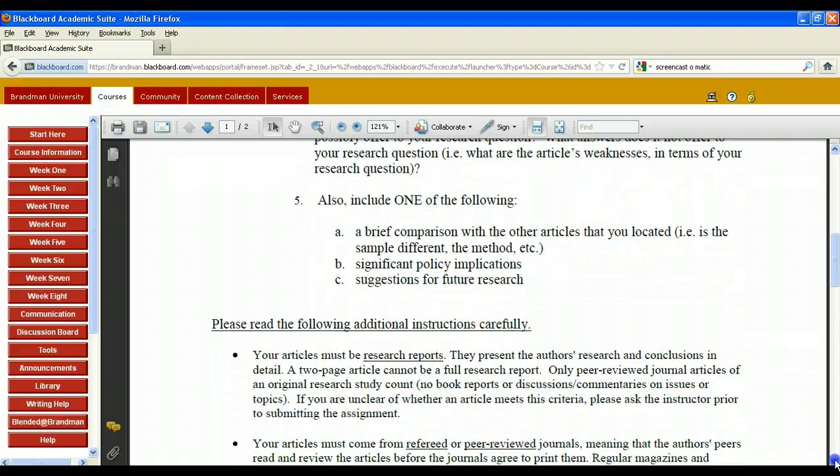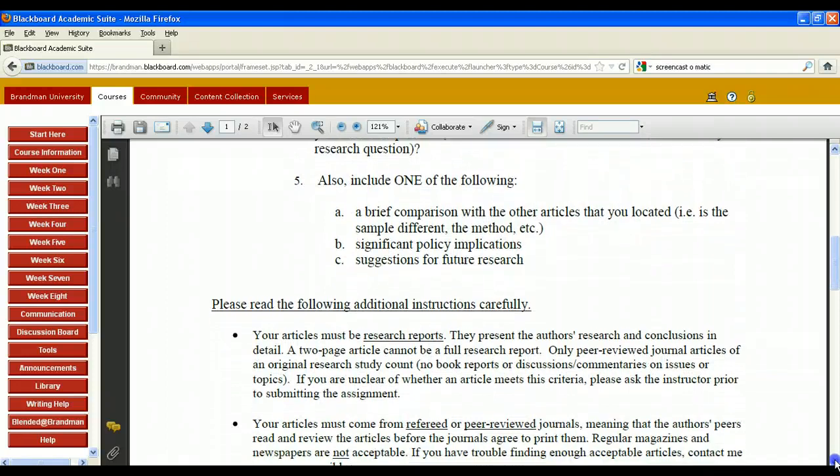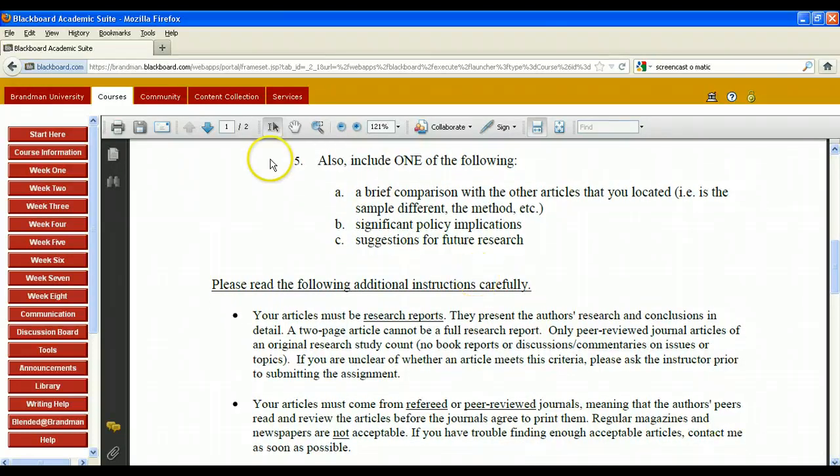Also, what you want to include in your summaries, in your annotated bibliography entries, is this under number 5. Choose to do one of these 3 things at the end. Either have a brief comparison with the other articles that you located, write about significant policy implications, that is the practical value of the study, or suggestions for future research.